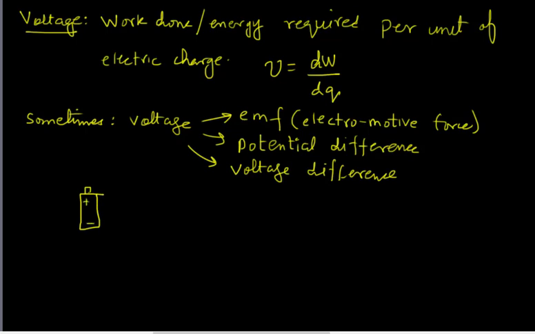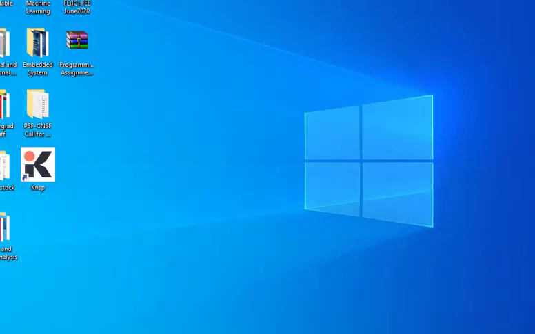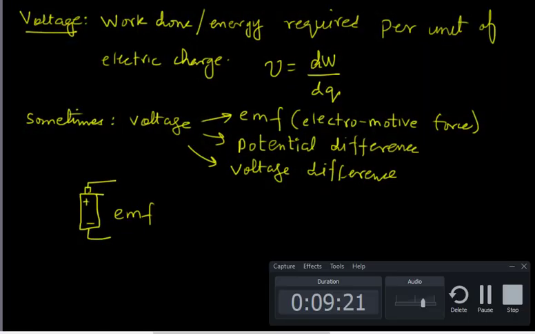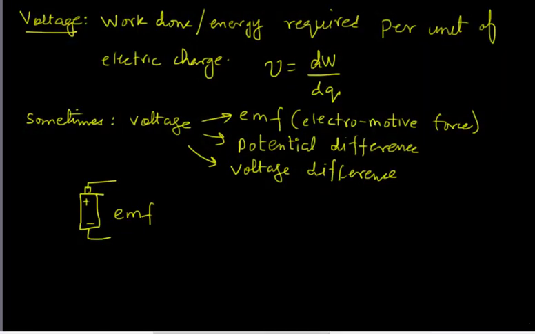This is the positive terminal, this is the negative terminal. The voltage of a battery is mostly called EMF because it is such a voltage that can actually run any circuit. That this is actually a source of energy.